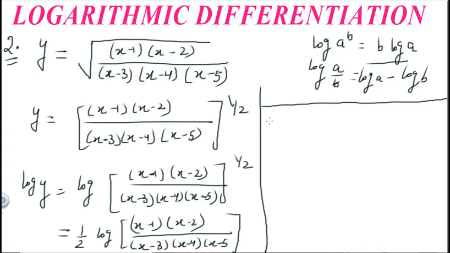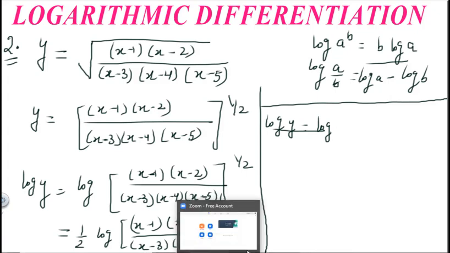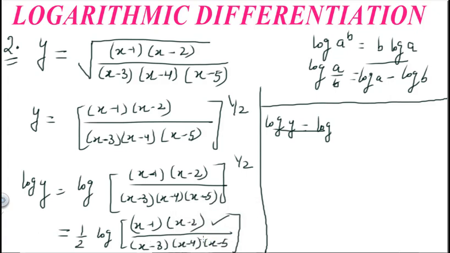Now just to see, we will have log y equals, so we will differentiate once we apply the property of log and the expression is simplified. So what we will write is log of, or I should write it in separate place, it will be much clear for you. So I am writing it, see, we have a as x minus 1 and x minus 2 and we have b as x minus 3, x minus 4, x minus 5. I'll just write it.